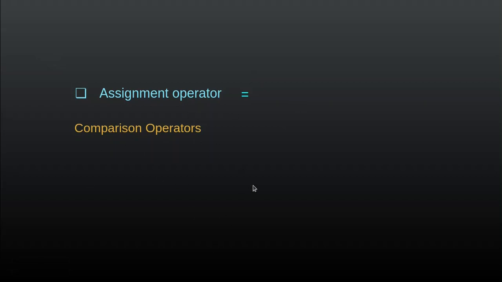Cool. Comparison operators, right? So we have equal to, so it's an equal sign, right? One would think that this is going to be something like this, but that's not the case. So the equal sign in Python is double equal. So the single equal is an assignment operator, but when you add another equal sign, the operator becomes an equal operator and not the assignment operator, right? Not equal, it's gonna be an exclamation mark followed by an equal sign.